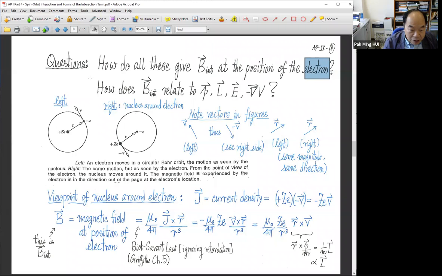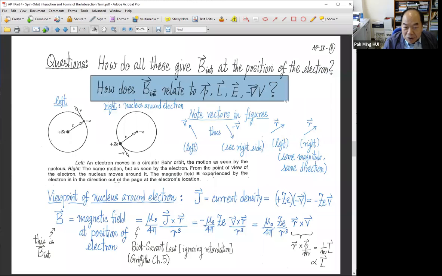That is to say, the question becomes, how does the internal B relate to the quantities we introduced so far? The electron is moving with momentum p, angular momentum L, there's an E field acting on it, and there is a force represented by minus the gradient of V, okay?